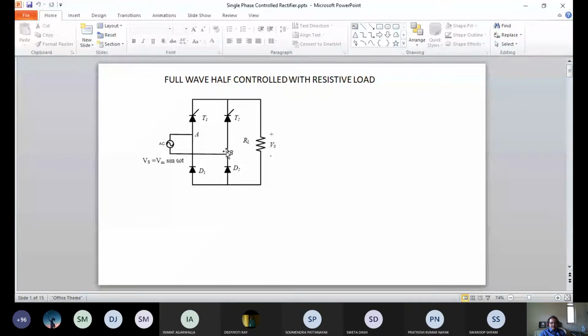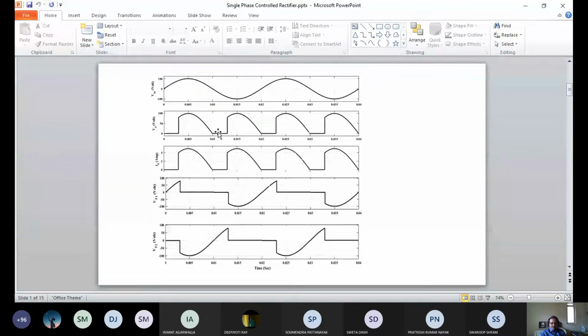Just apply KVL here. The anode to cathode voltage is negative, this is positive. If you connect a CRO here, the source voltage will appear. It is not voltage drop, it is voltage across the thyristor switch.